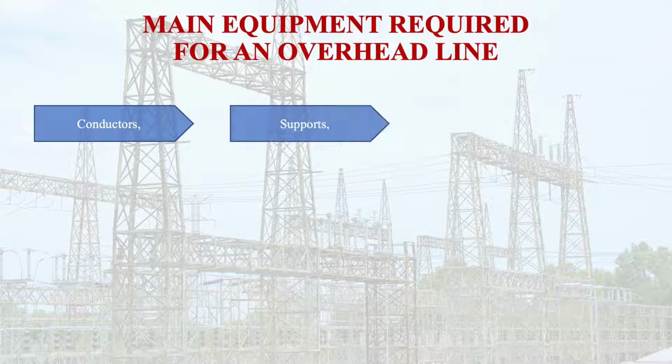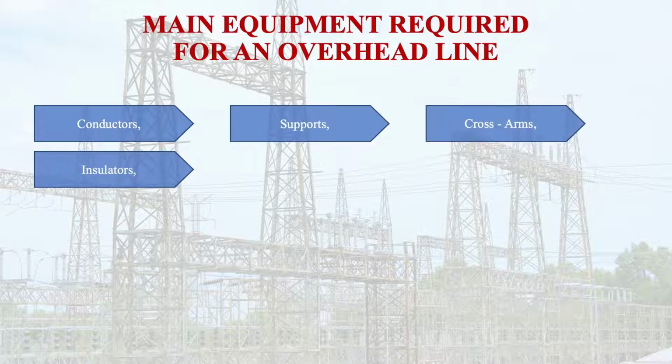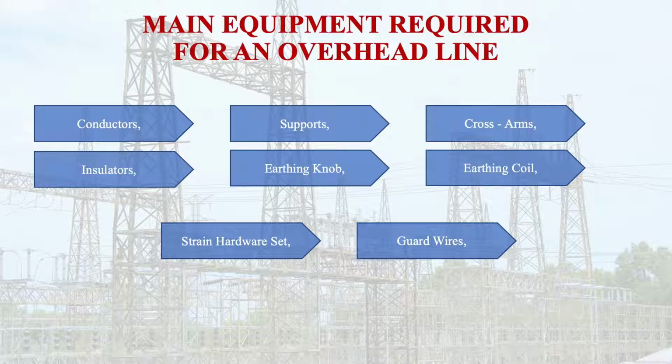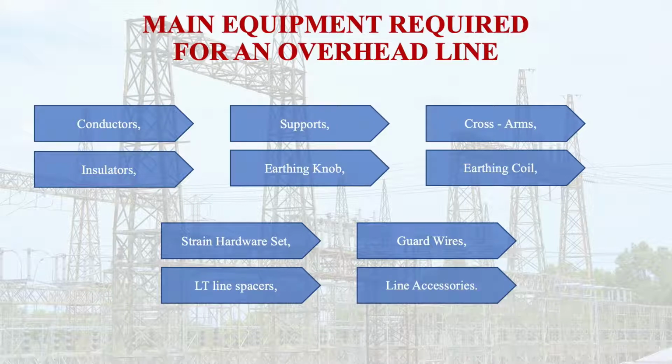The main equipment required for an overhead line is as follows: conductors, supports, cross arms, insulators, earthing knobs, earthing coil, and other equipment like strain hardware set, guard wires, LT line spacers, and other line accessories. We describe each one of these in brief in the next part.